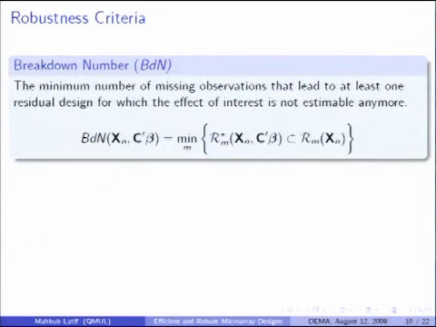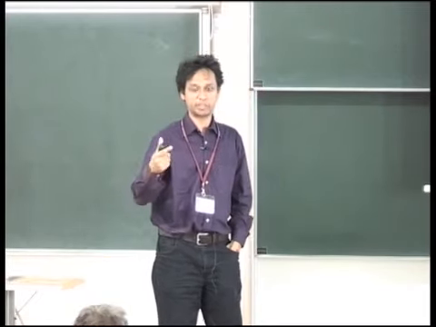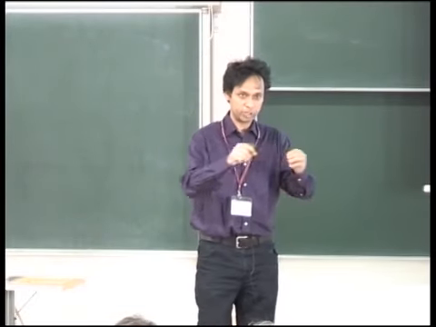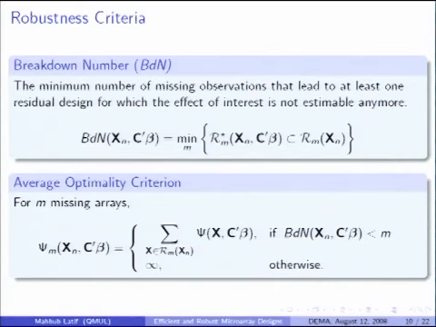So the first robustness criterion I define is breakdown number, which is the minimum number of missing observations that lead to at least one residual design for which the effect of interest is not estimable anymore. So if we check all the residual designs and find one that cannot estimate the effect of interest, then the number of missing observations for which those residual designs are constructed is the breakdown number. So a large breakdown number is good for a design. And the second one is just the average of the E optimality criterion over the residual designs. So this is the average optimality criterion.